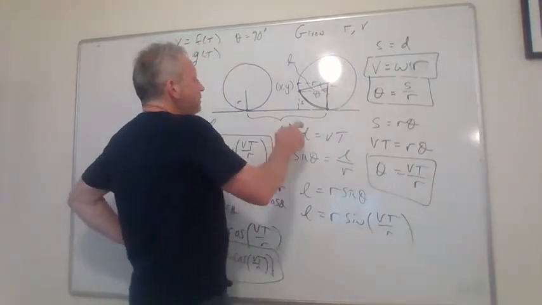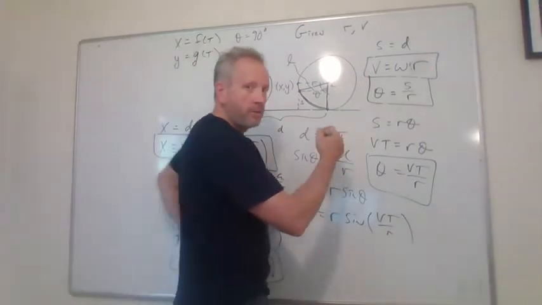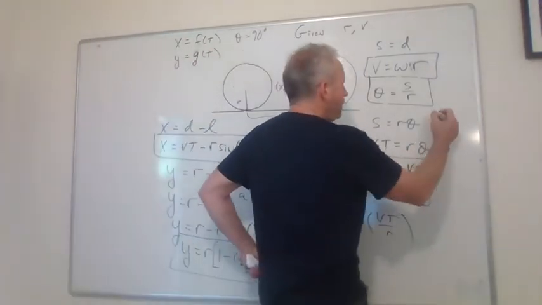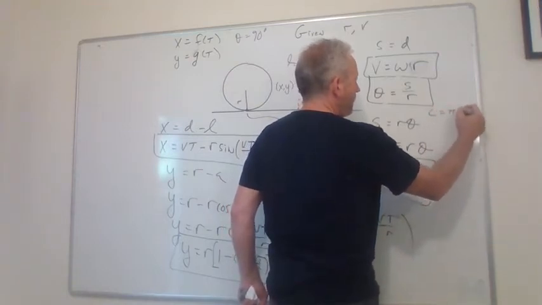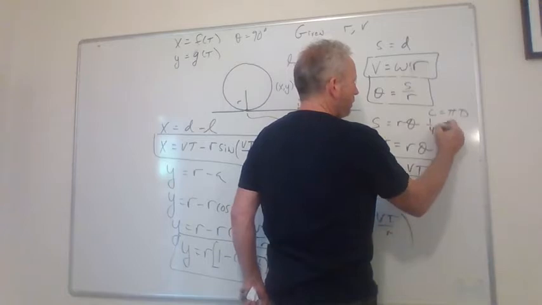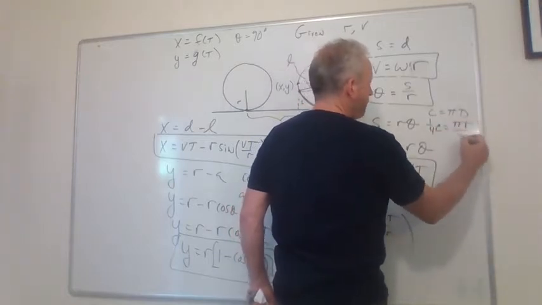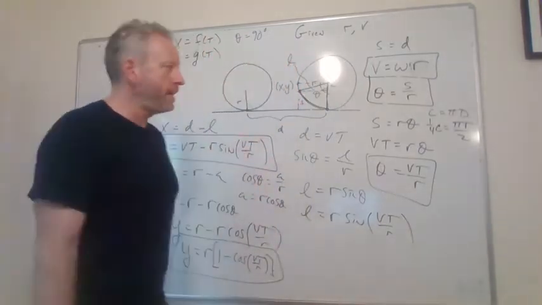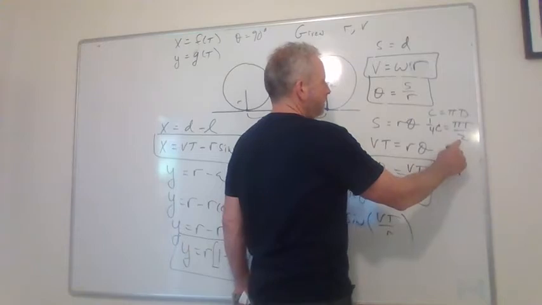What about x? Well, we would have rolled down the road a quarter of the circumference. What's the circumference of a circle? Circumference of a circle is pi times the diameter. So a quarter of the circumference would be pi times the radius divided by 2, right? Because the radius is half the diameter. So that's what d would be.